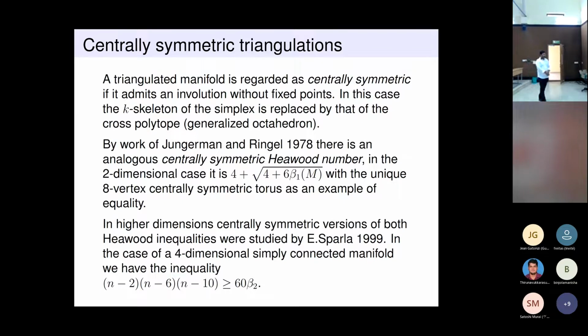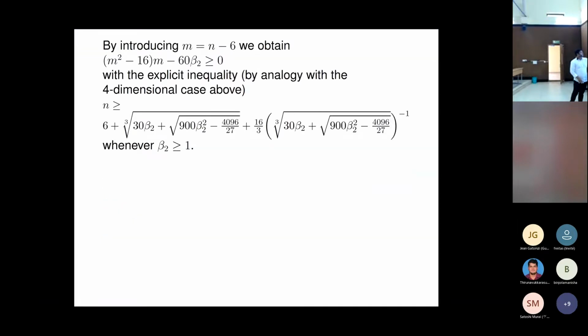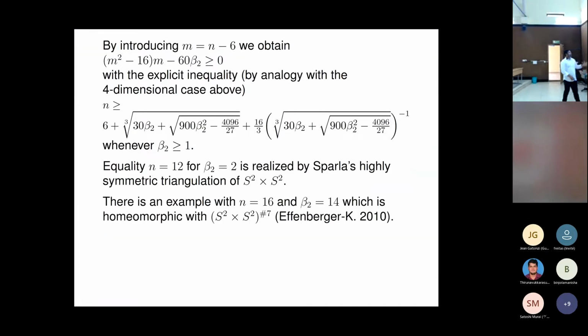In higher dimensions, centrally symmetric versions of both Heawood inequalities were studied by Sparla, maybe from 1999. In the case of a 4-dimensional simply connected manifold, we have this inequality. By putting n = 6m, we have this one, and by solving, one gets n bigger than or equal to this number.